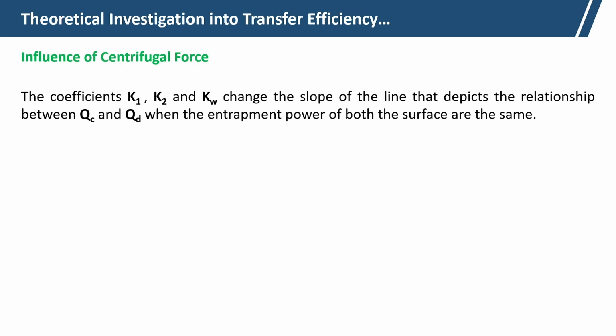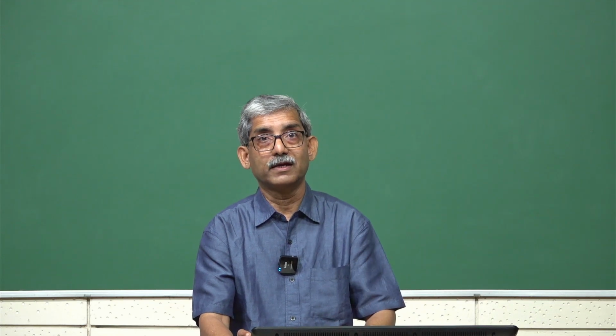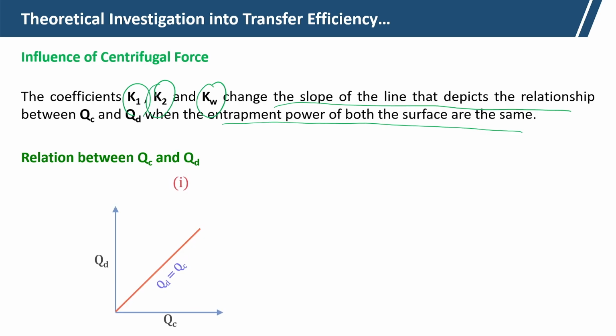So, we have discussed three different coefficients: K1, K2 and Kw. This coefficient changes the slope of the line depicting the relationship between Qc and Qd when the entrapment power of both surfaces is the same. So, it depends on the slope of the line. This is the relationship between Qc and Qd.